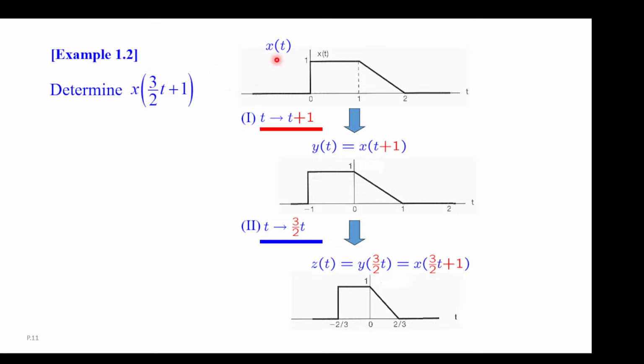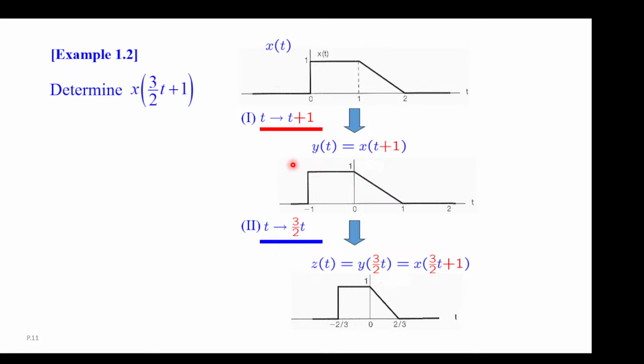So we have x of 3 over 2t plus 1. As you will probably guess, we are operating on t, so we want to get this plus 1 first. So we first shift to t plus 1, and we have y of t equal to x of t plus 1. Then we do another operation on t.